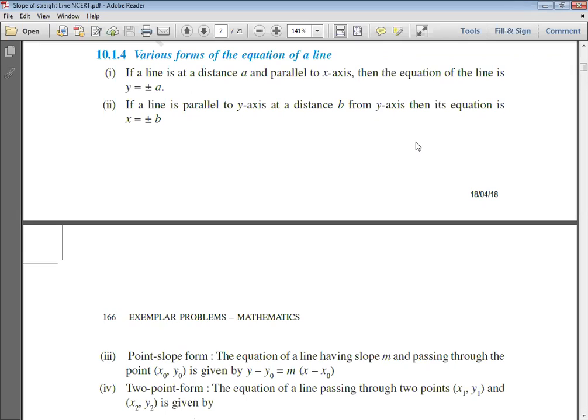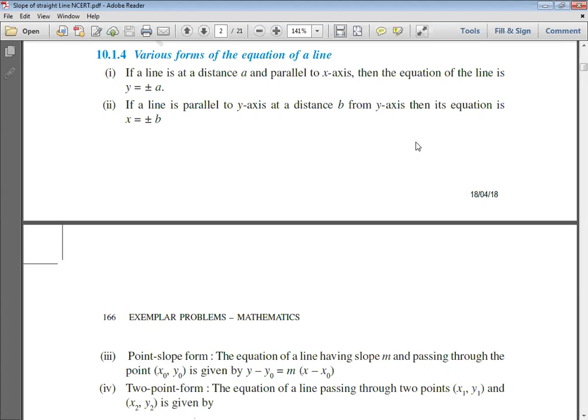Now you see, since you are familiar with how a line exists on a graph paper and how we used to construct it considering points, definitely there will be some expression to represent these lines. That is called an equation.